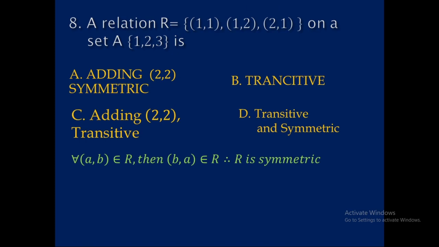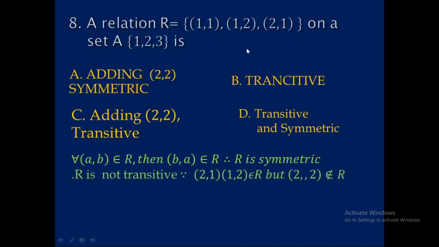But here you can take the first (2,1) and second element (1,2). It is also in the form of (a,b) and (b,c) belonging to R. But here (2,2) does not belong to R. Therefore R is not transitive. Here the second option is not true. Second is not true means option D is also not true, and option A also.